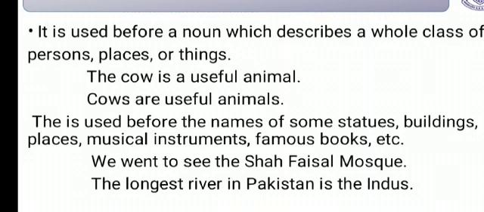The peacock has a beautiful tail. Peacocks have beautiful tails. The tiger is a fierce animal. Tigers are fierce animals. The is used before the names of some statues, buildings, places, musical instruments, famous books, etc.